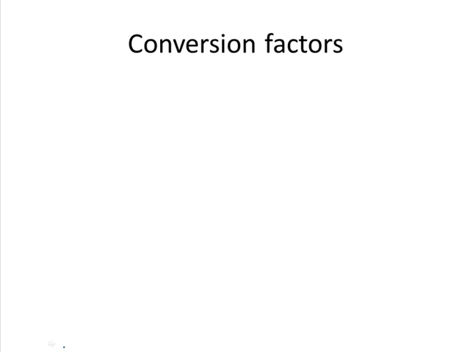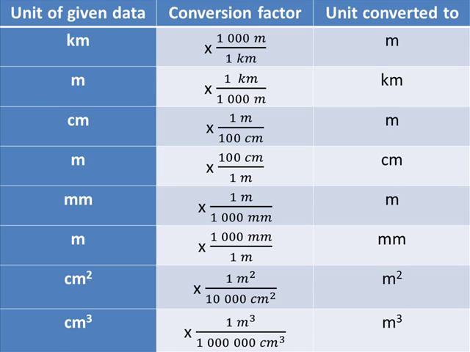Here are some useful conversion factors so that you can see what I mean. If we are given a distance in kilometers and we're required to convert that into meters, then we need to use a conversion factor which has both those units, the given kilometers and the required meters.